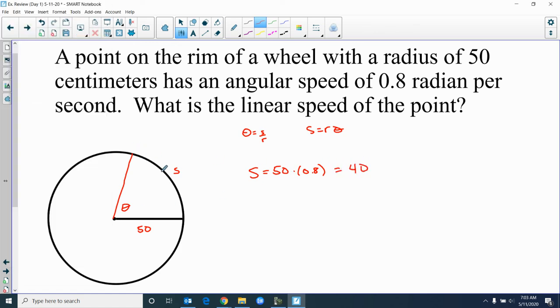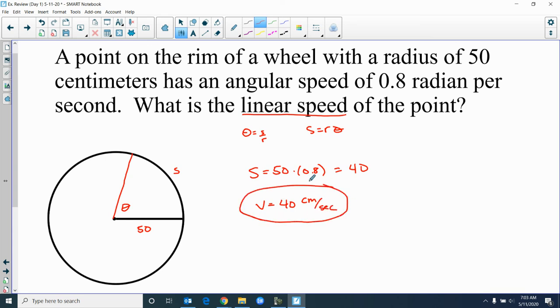That would be the arc length it traveled in 1 second, so that's going to be our velocity. Our velocity is 40 centimeters per second.